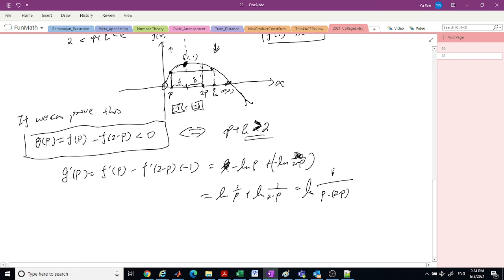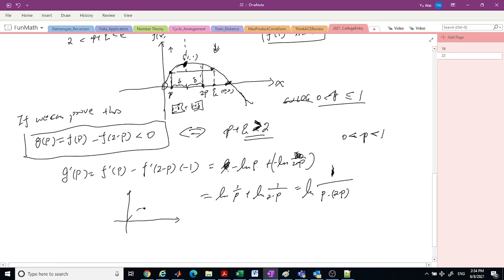Because without loss of generality, we can say p is less than 1 and greater than 0, right? So p is less than 1.